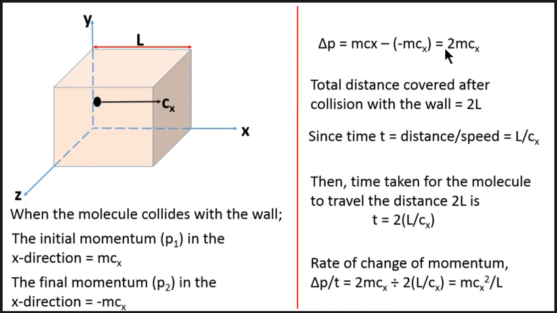Just substitute what we got for change in momentum here, then divide by the total time taken, which is twice L over Cx. If you do your mathematics very well, you open up the bracket, you will be having 2mcx over 2L over Cx. And because this division changes to times, the Cx goes up, then 2L comes down.